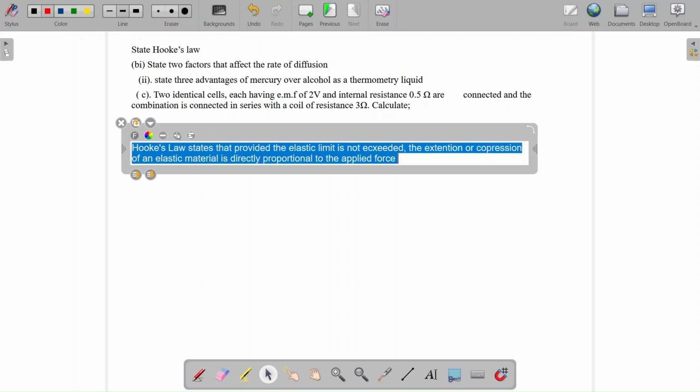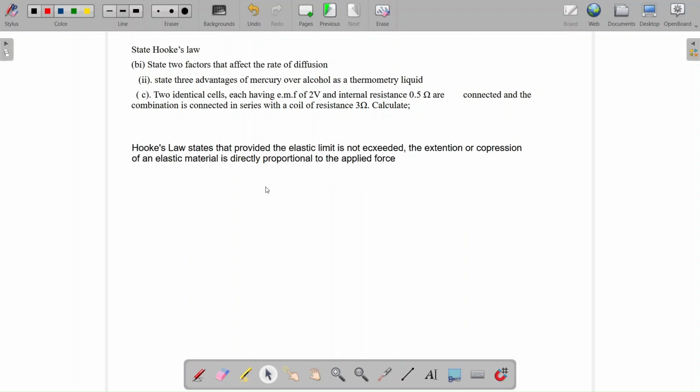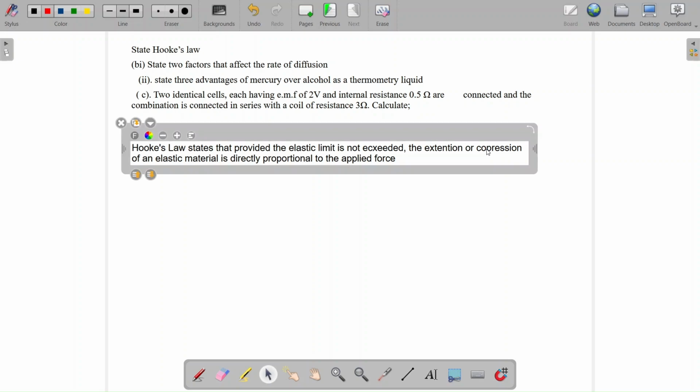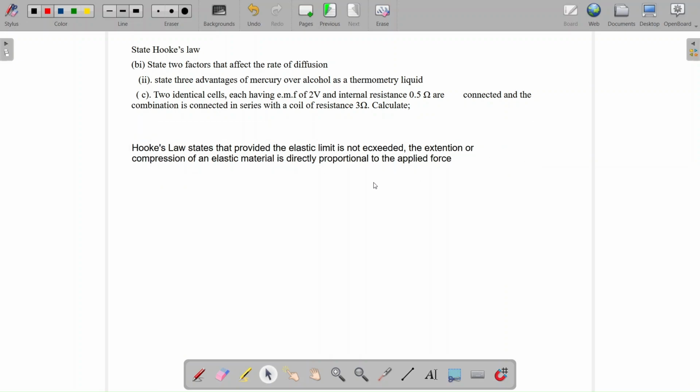Hooke's law states that provided that the elastic limit is not exceeded, the extension or compression of an elastic material is directly proportional to the applied force. So that is force equals Ke, F equals K times e.